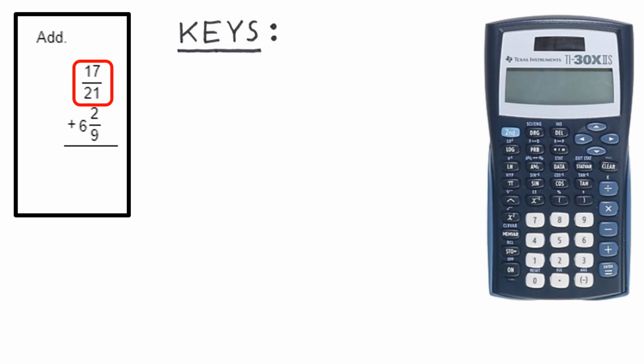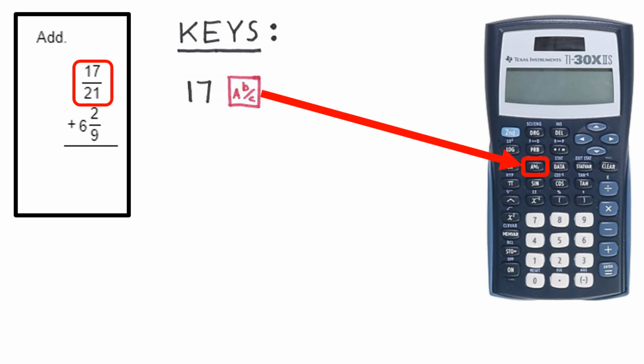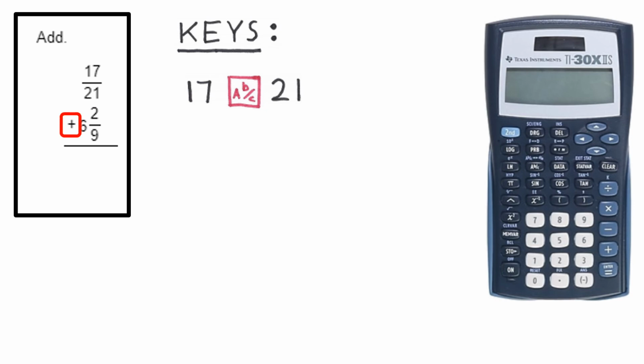First, we look at 17 over 21. To enter it on a calculator, first type 17, then the fraction button, which is located over here, and then the 21. Now we need to add, so just hit the plus. Next, we will enter 6 2/9.